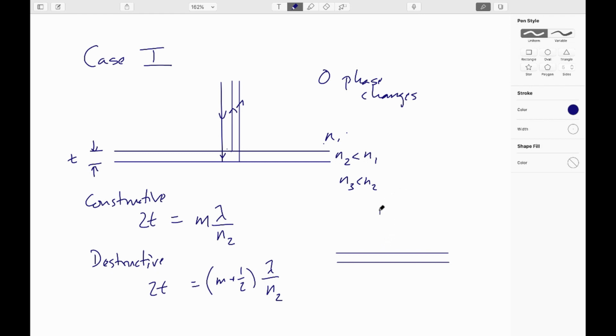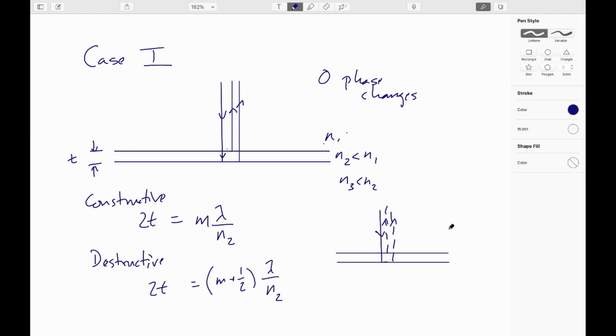So here, the ray would come in. Some of it would reflect off of the surface, but when it does, there would be a 180-degree phase change. And similarly for the light that reflected off the bottom here, there would also be a 180-degree phase change. And then again, light will still continue to pass on through, but I'm ignoring that for the moment.